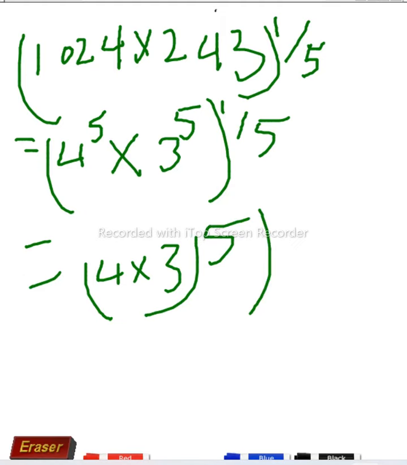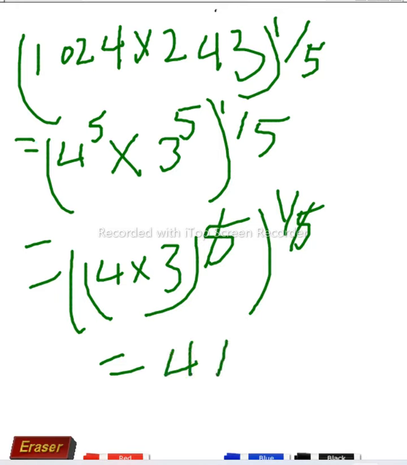Again, we have this power 1 over 5. So 5 will be cancelled by 5. Finally, we get 4 times 3, which is the same as 12. So our final answer is 12.